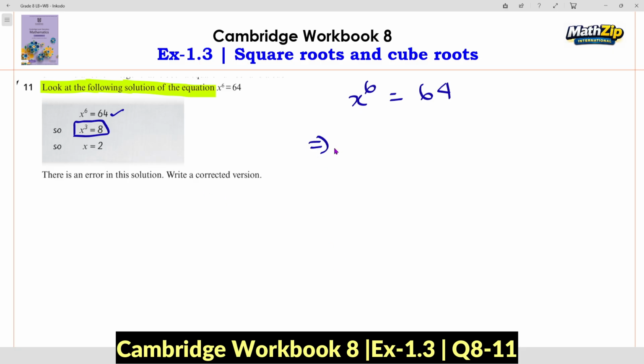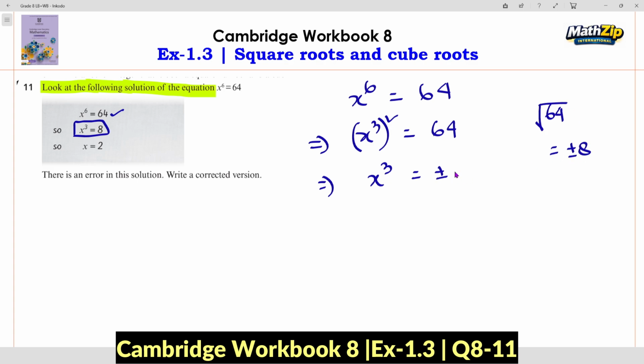If we write it this way, we get 64, and once we make a square root, we will get x cube, but here it will be plus minus 8.